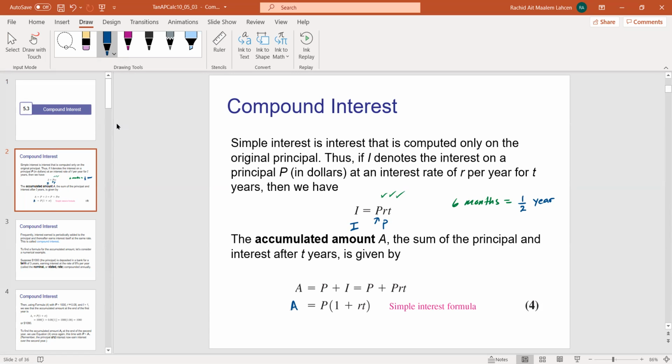The future amount, or the accumulated amount, it's also called the future amount, is going to be P times (1 plus rt), because we have the principal plus the interest, and the interest is the Prt. So if you factor out P, you get this formula.